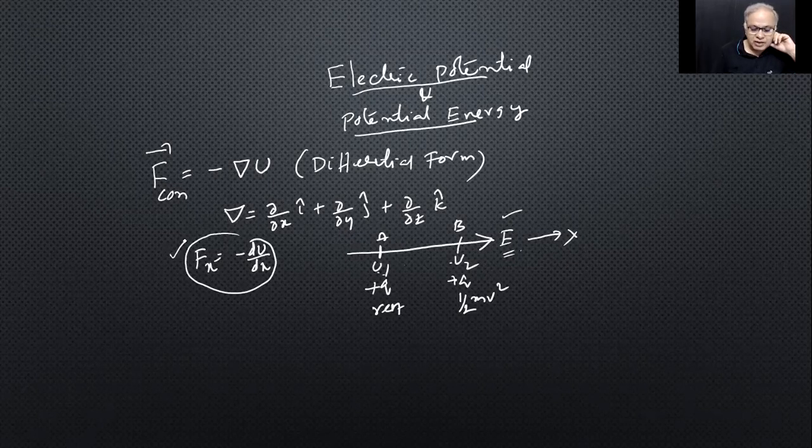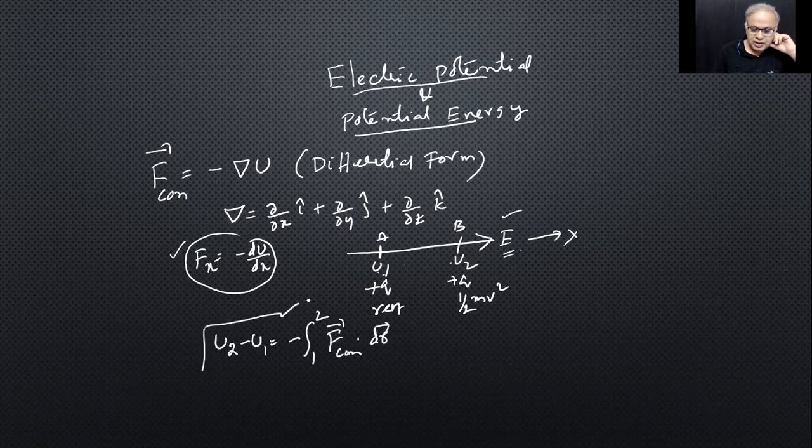And we also have an integral form, isn't it? What is that? U2 minus U1 equals minus integral from 1 to 2 of F conservative dot dr. So this is the integral form of the potential energy definition, and of the conservative force.